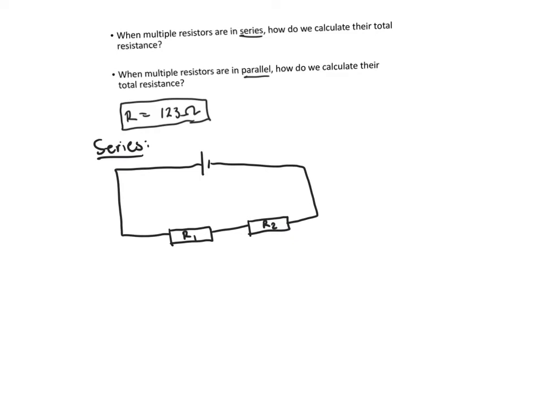It could be 3, 4, 5, or a limitless number. So we will say that we have EMF E. This will have a potential difference since we have only one loop. So let's say this is current, I. We have V1, V2 across it.